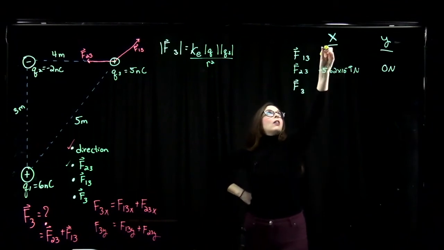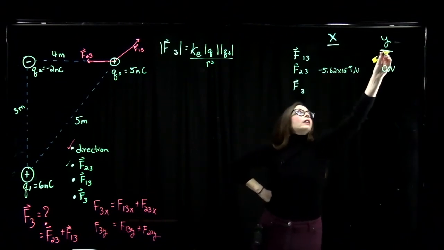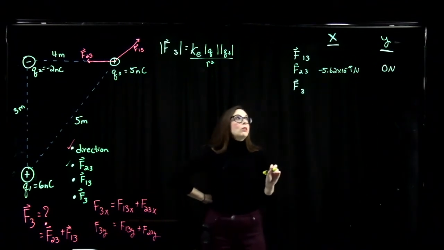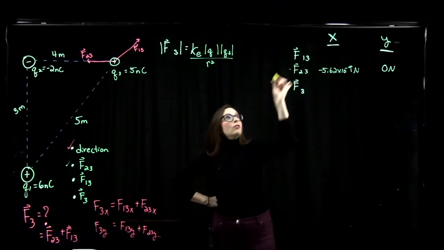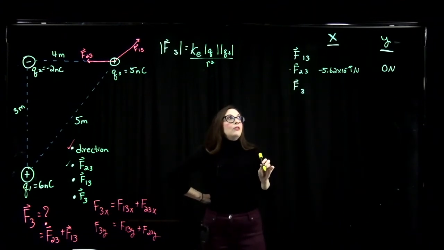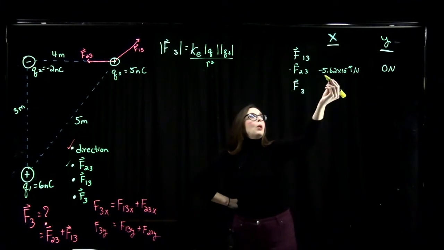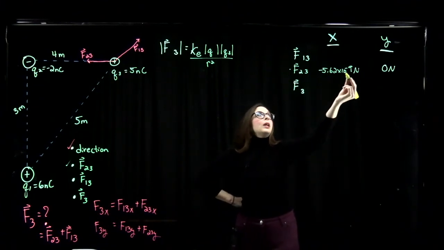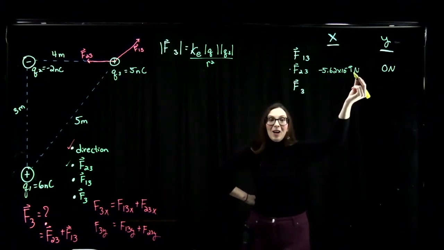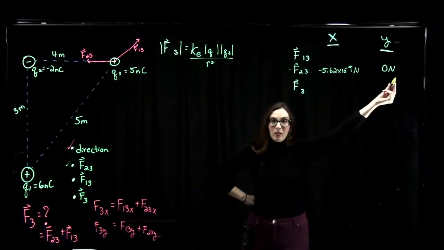And I have columns here for the x component and the y component of those forces. So we just found the x and y component of F23. The x component was minus 5.62 times 10 to the minus 9 newtons. I've put that here. Our y component was 0 newtons.